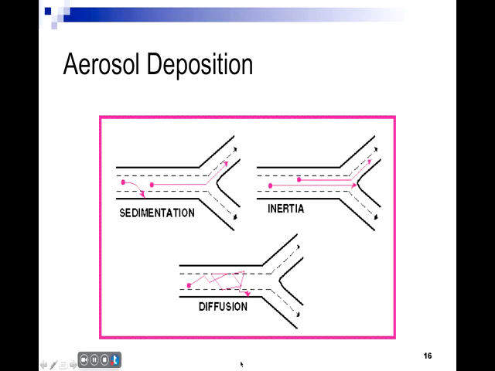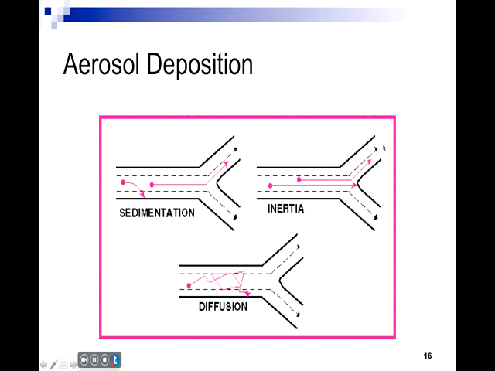Inertia, or inertial deposition, occurs when there's a fork in the road, and there are lots of forks within the respiratory system. They're called bifurcations. The heavier particles will be carried by inertial forces, impact the bifurcations and remain there, whereas the smaller particles are going to remain suspended in air and essentially go with the airstream.